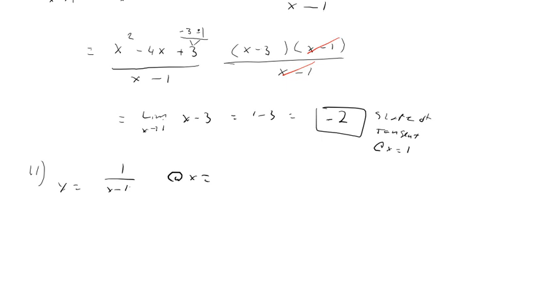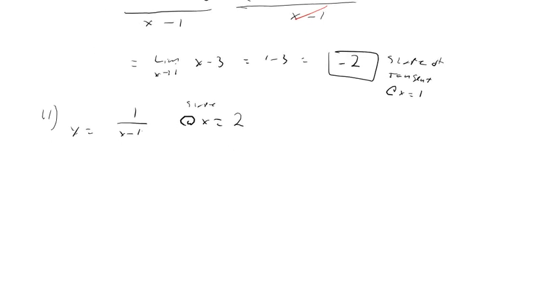Tangent slope at x equals 2. We do this the exact same way. We want the limit as x approaches 2 of 1 over x minus 1, regular equation first, minus 1 over 2 minus 1, over x minus 2.